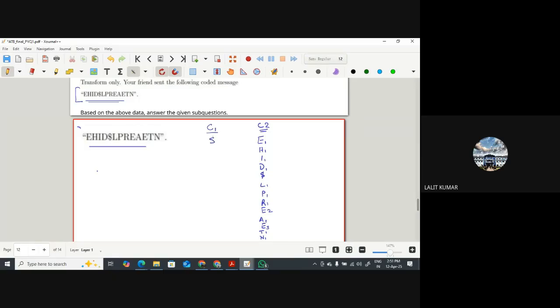So you will get first dollar. After dollar you will get A. After A is D. After D is E: E1, E2, E3.